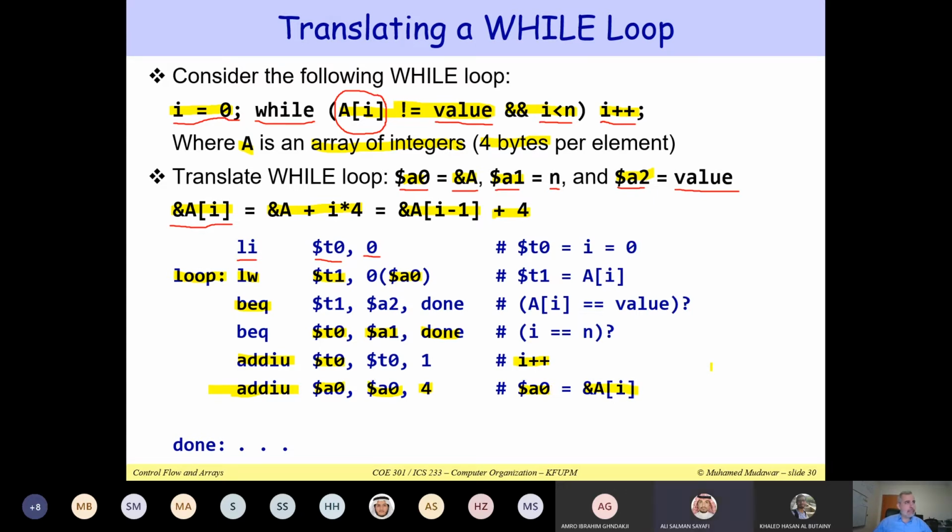When we start the loop, load word into the register T1, we mentioned the value of I, which is 0, right? But load word has nothing to do with I. It has to do with this address, which is in A0. Because in the case of load, you have to specify the memory address.